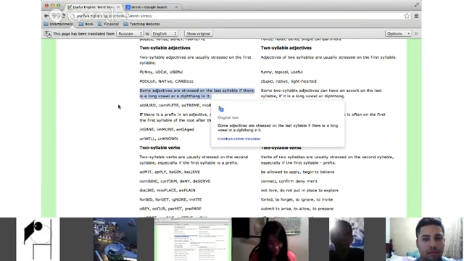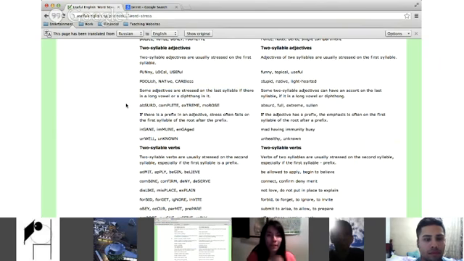Anyone know what a diphthong would be? Two vowels together, a weak and a strong vowel, or two weak. Exactly. Very good. So two vowel sounds together, a weak and a strong, or two weak.